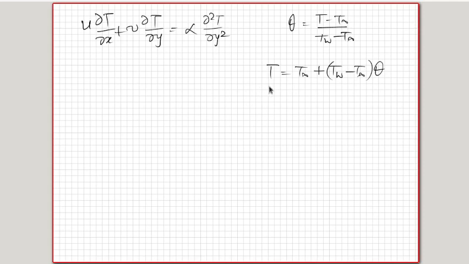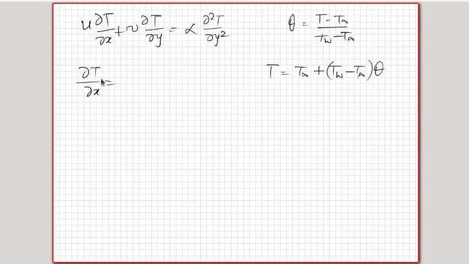So my del T by del x would be equal to, so if T infinity is a constant, and if I don't consider T wall to be a constant as our general case, then T wall minus T infinity will be a function of x.